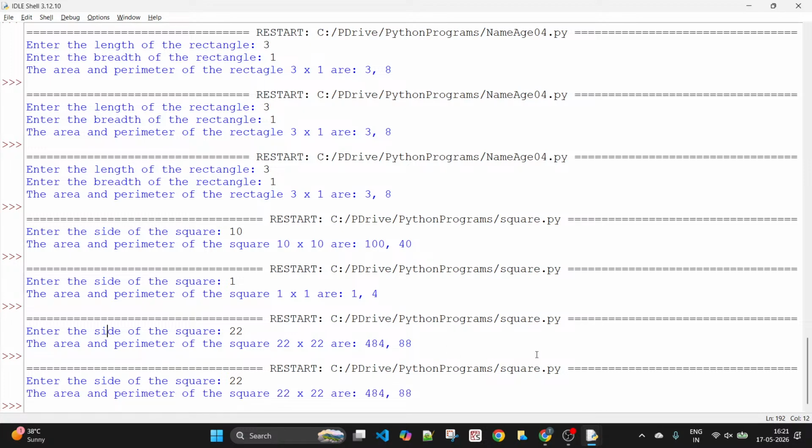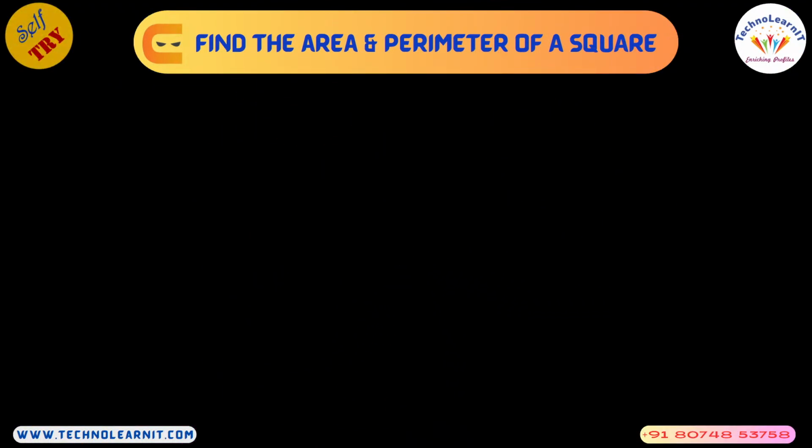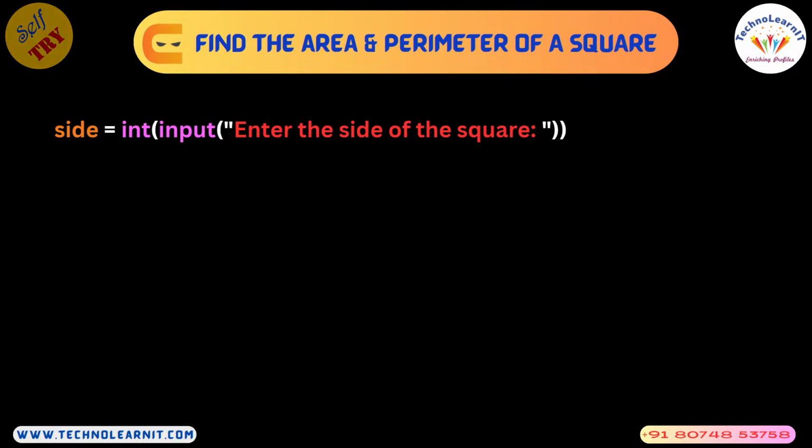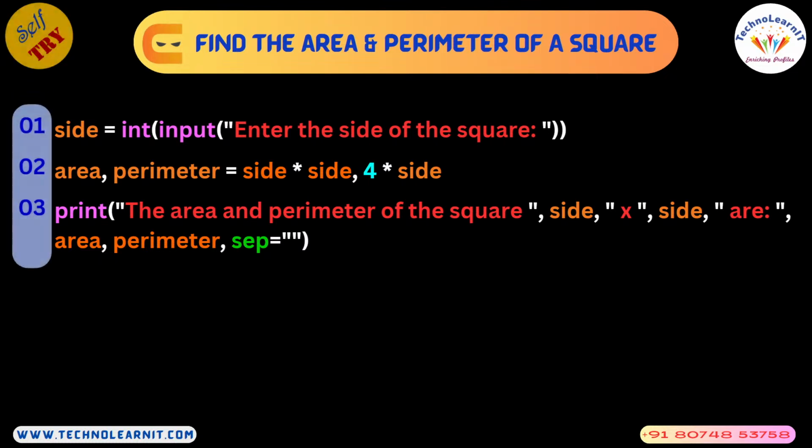All right, this is your next program where you can find the area and perimeter of a given square, area and perimeter of square with given side measurement. So you can use the same statement to compute both the values. Of course, you have used two additional variables.